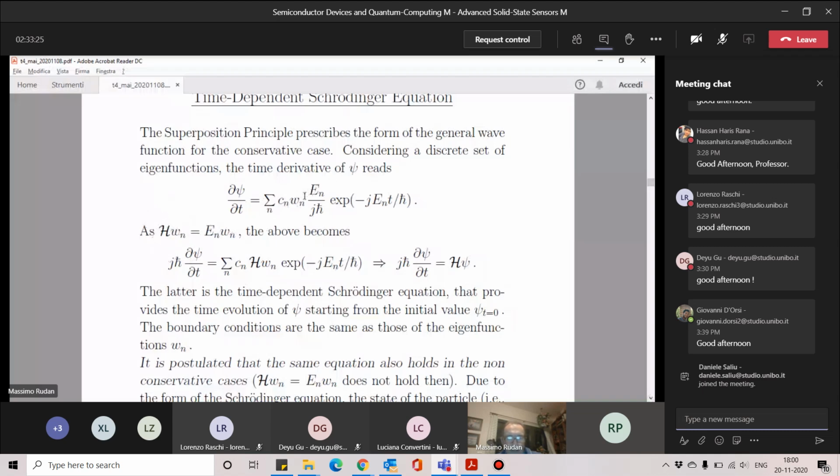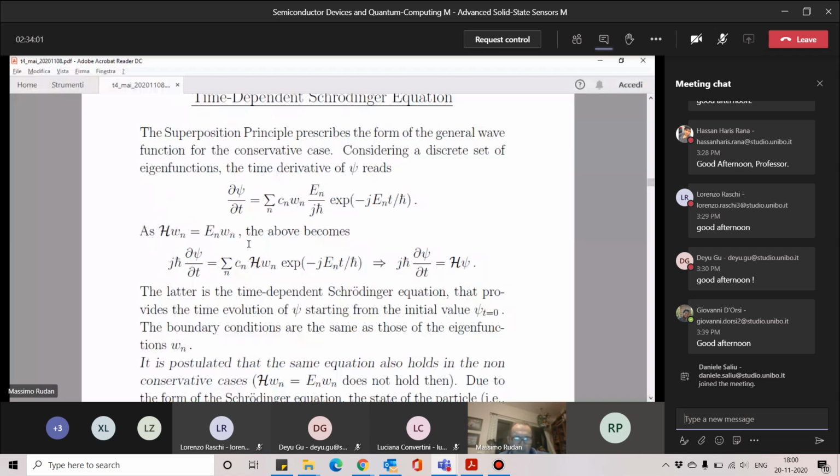So we can replace the product En times Wn with, as you see in the second line, H applied onto Wn. This looks silly because we are replacing a constant that is E sub n with an operator that is complicated. But the constant depends on the index, so it must stay inside the sum. Instead, the operator is independent of the index, so we may take it out.